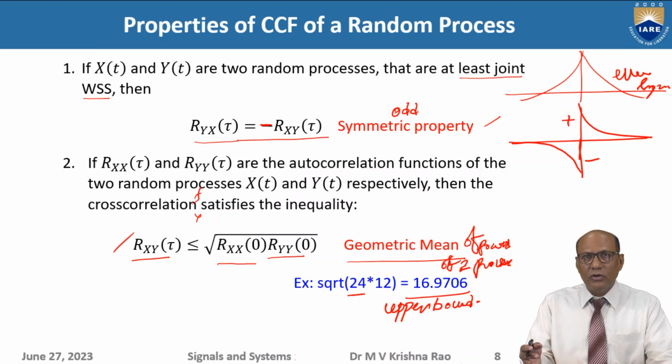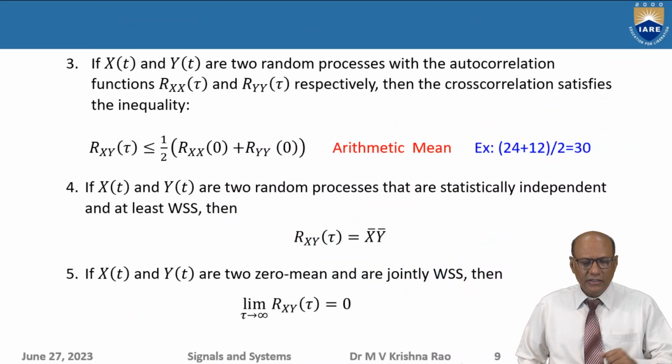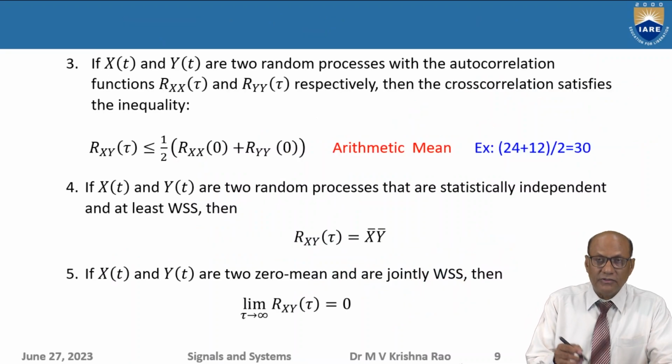That means the powers of two random processes. Okay, both powers. This is 16.97. So let us see the third property. We will compare this with another upper bound, that is the arithmetic mean bound.